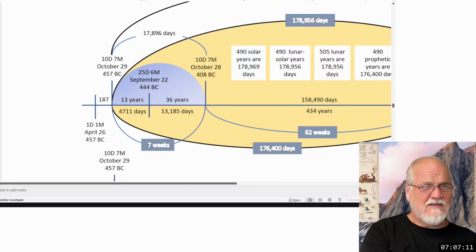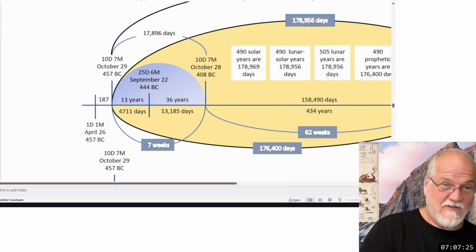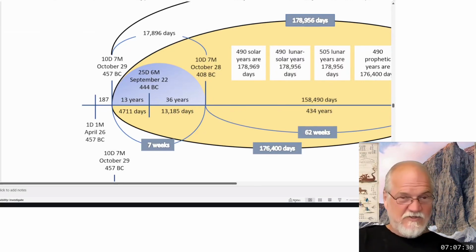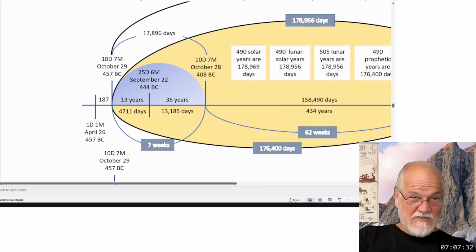I guess the main thing that I'm trying to say, or the main thing that I'm trying to see, is that we have a symbolic date, which we're not predicting anything. We know that that symbolic date is an extension of time. That is, we don't know when Christ is going to come back. We don't know when probation is going to close. We don't know when the Sunday law is going to occur.